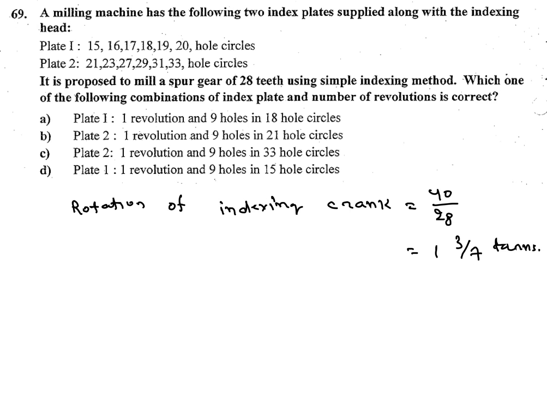So from options we have to check 3 by 7. Option A, 9 by 18, it's 1 by 2. 9 by 21, yeah, it's 3 by 7. So option B is correct: one complete revolution and 9 holes in 21 hole circle plate 2.